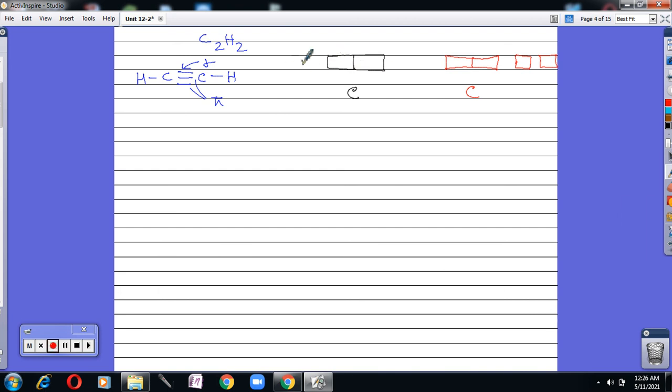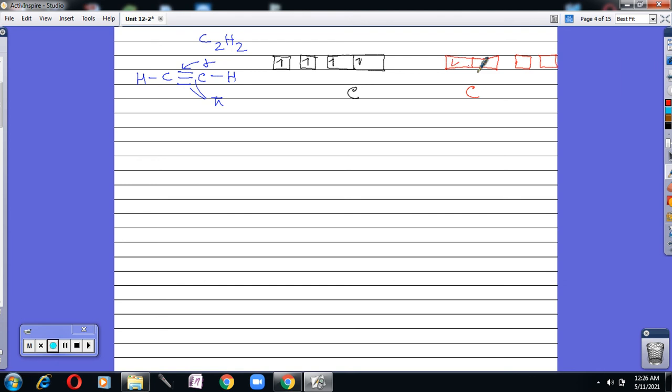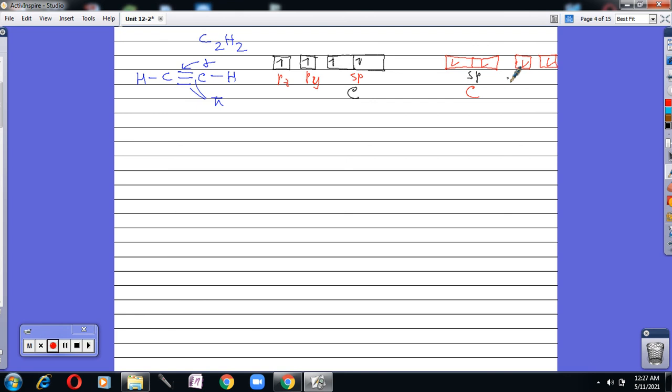So we can write here py and pz, right? Now single electron in each. These are sp and these are py. You can write here pz. You can write here sp, py, pz, right?